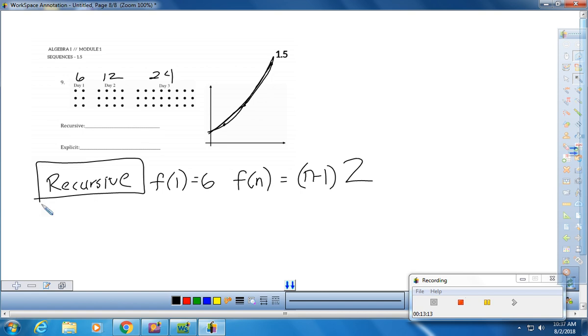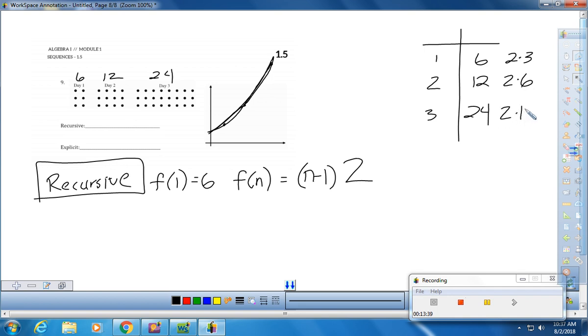Alright, explicit. For here I got to go to my chart. The first term is 6, the second term is 12, and the third term is 24. This would be 2 times 3. This is 2 times 6. This is 2 times 12.